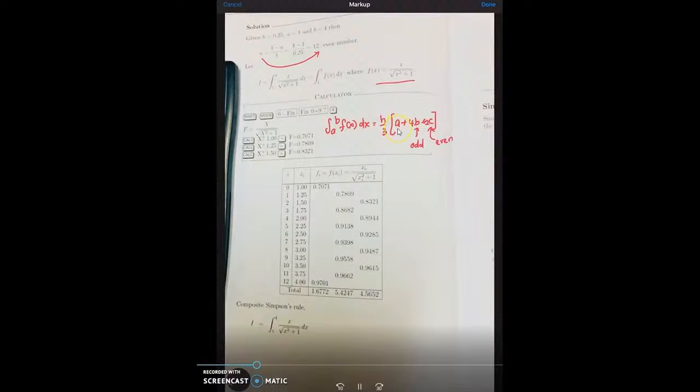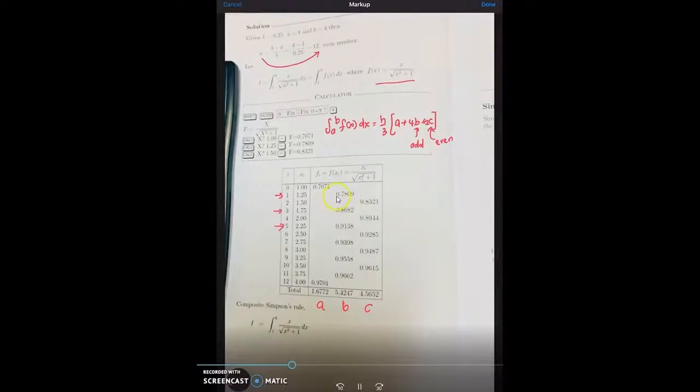And what is C? C is the summation of Fi, i is even. So don't forget you have 5 columns. You need to find another three columns, which is very important: A, B, and C. C is the summation where i is even, B is the summation where i is odd, and A is F0 plus Fn.